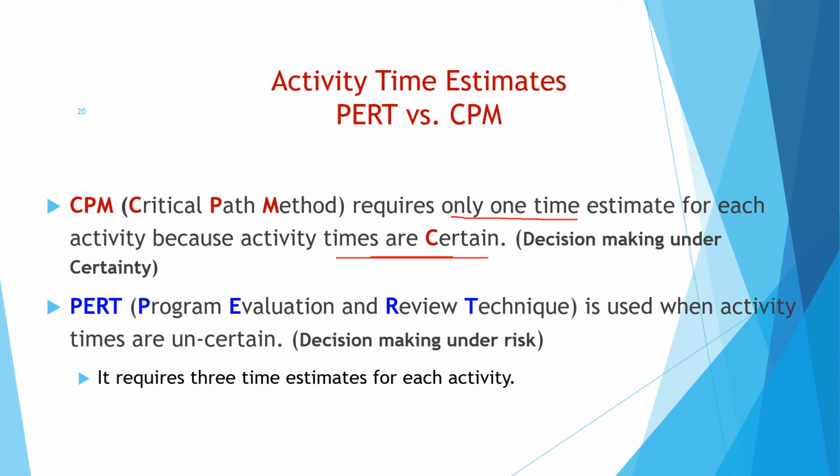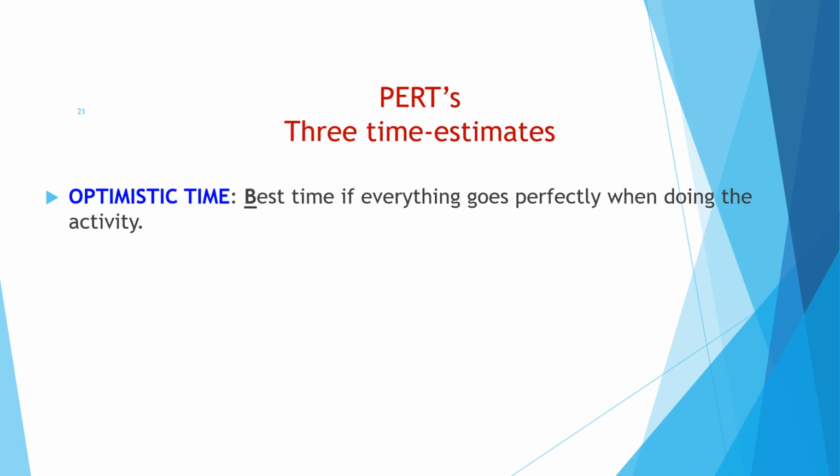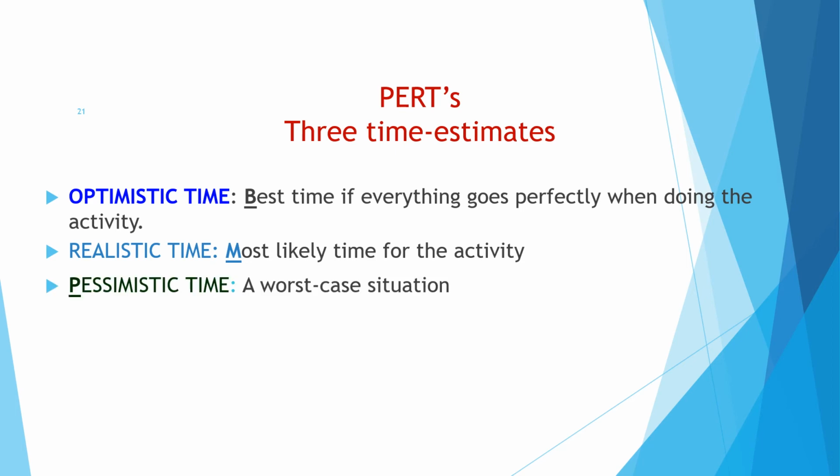They allow better for uncertainty. For each activity, three estimates of time are obtained. So what are they? Optimistic time, the best time if everything goes perfectly when doing the activity. Realistic time, the most likely time of the activity. And pessimistic time, the worst case situation. The expected time is calculated as optimistic time plus 4 times realistic time plus pessimistic time, divided by 6.